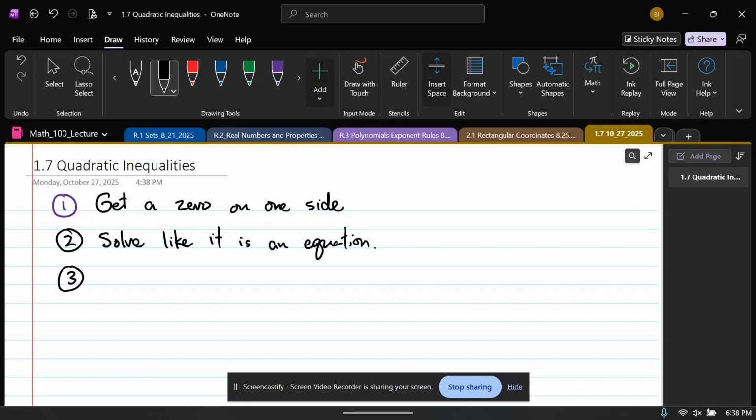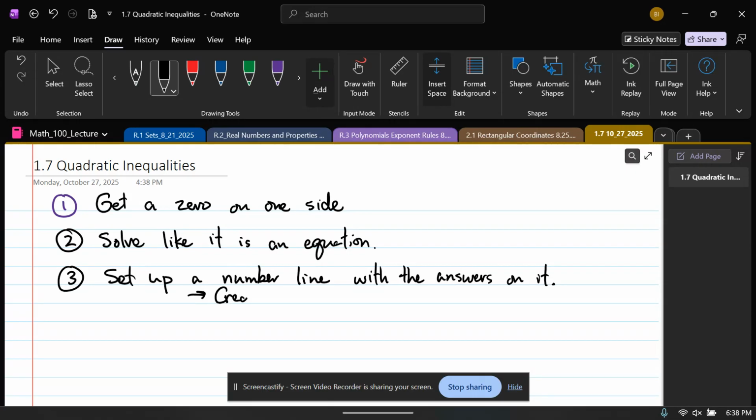Step 3, set up a number line with the answers on it. That's going to create test zones.